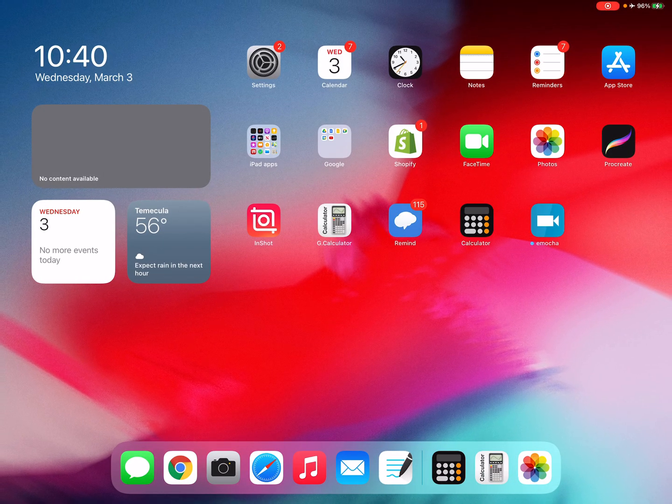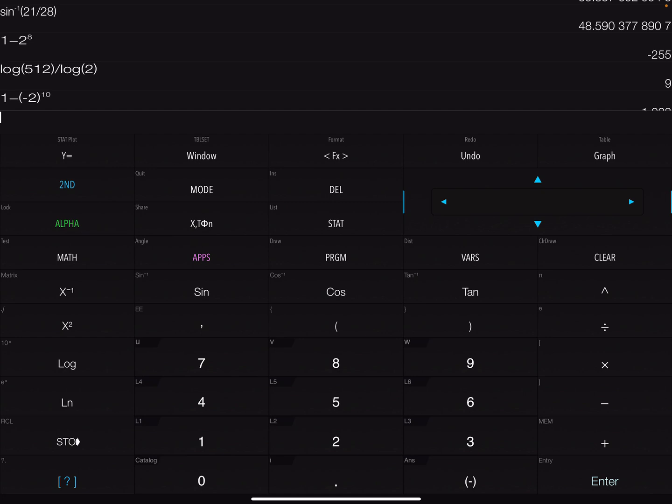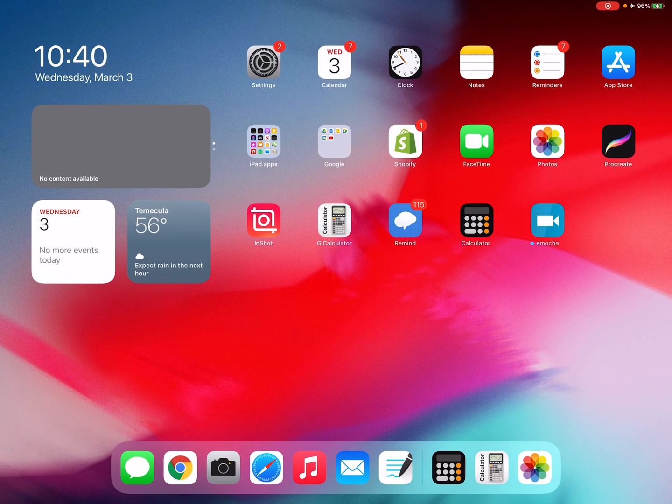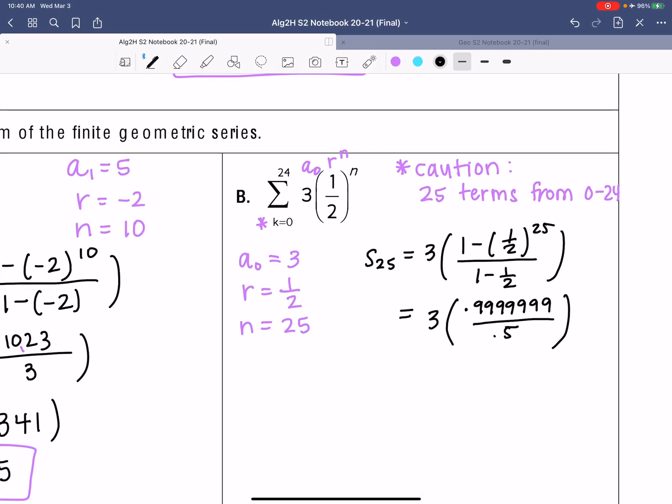So we're going to go back to my calculator, take my last number, divide it by 0.5, and then multiply that number by 3. So it's going to round to approximately 6. So we're going to get S of 25 is approximately 6.